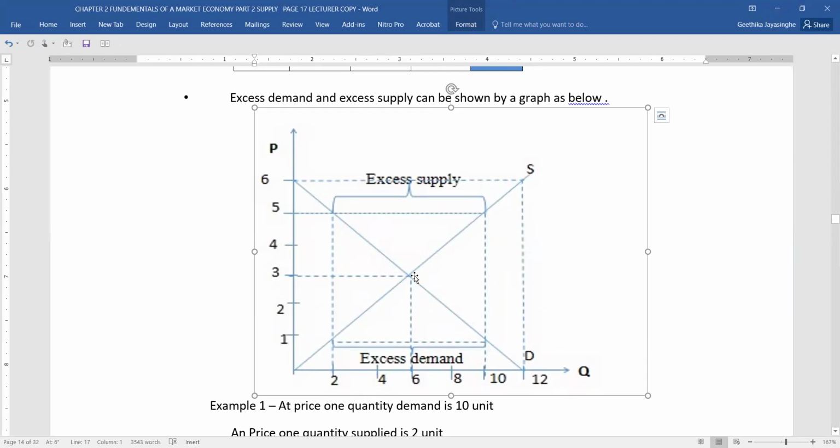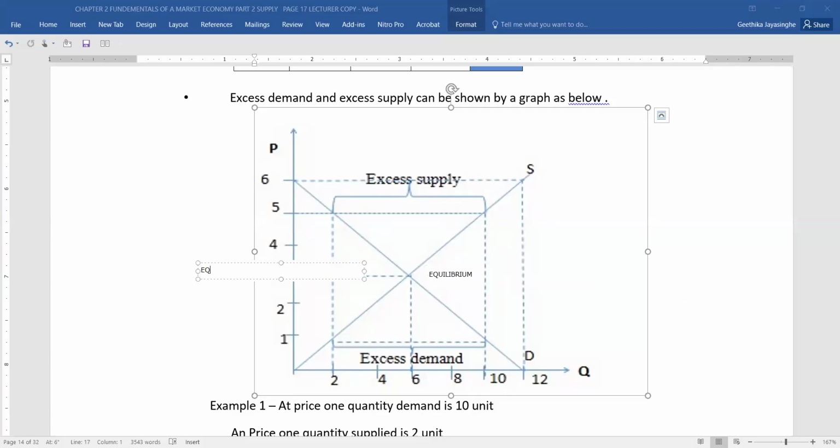So this is the equilibrium. If I just take this, this is the equilibrium price.